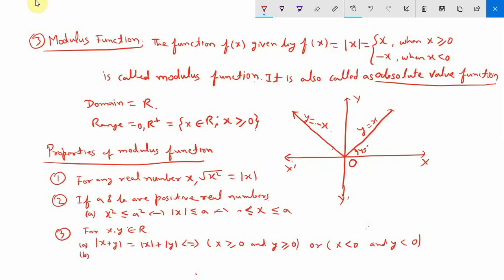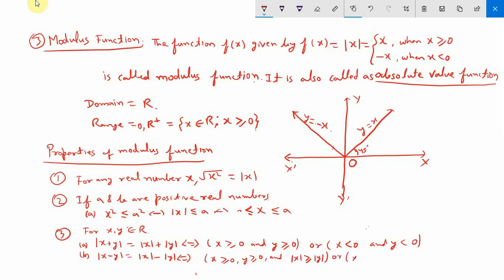Next one is mod of x minus y equal to mod of x minus mod of y. This property will hold when x is greater than or equal to 0, y is greater than or equal to 0, and mod of x is greater than or equal to mod of y. Okay?